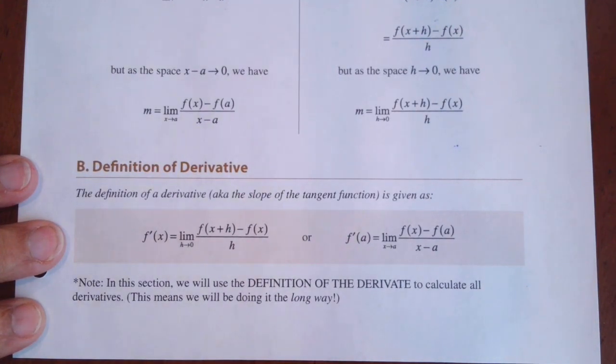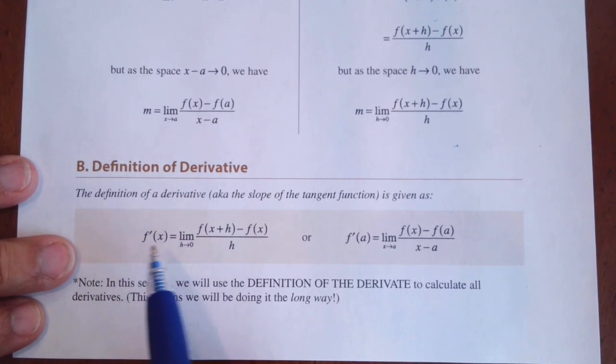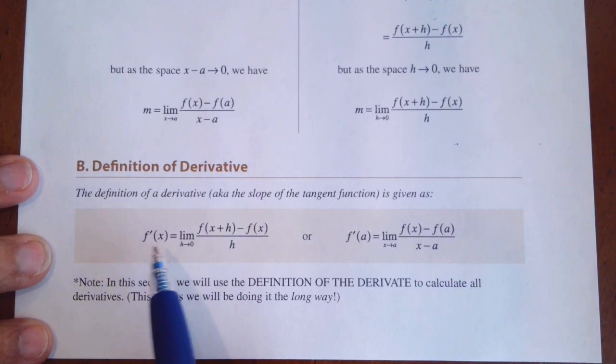And I'm going to actually put a third thing on here, and we're going to write them on the next page. So right here, this f prime of x is one kind of notation. This is the Newtonian notation for derivative, Isaac Newton. There are others that we'll see in a little bit. So this is just one way to see that this is asking you to find the derivative.